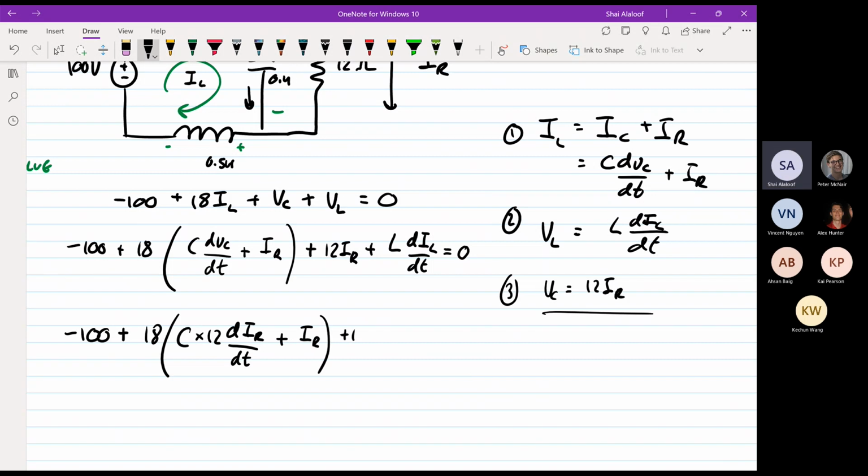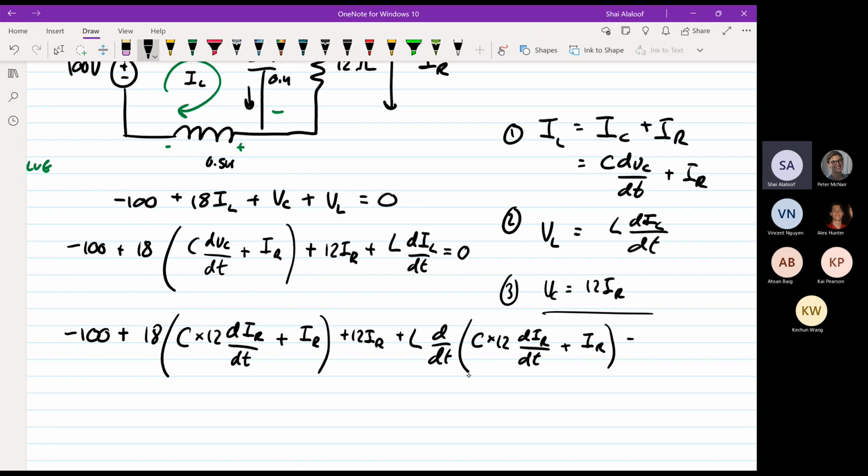Plus 12 IR, that doesn't change. Plus L dIL on dt. Now, for L dIL on dt, I'm just going to use equation 1: d on dt of IL, where IL is IC plus IR. So again, same thing, C times 12 dIR on dt plus IR.